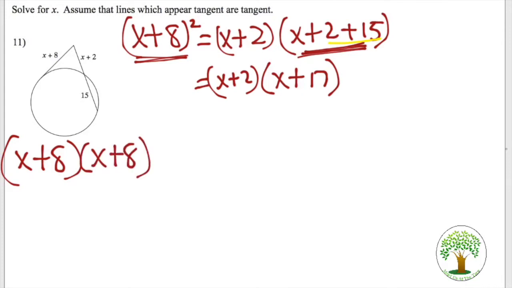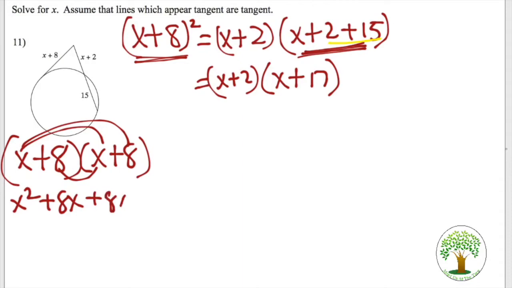Some of you know a shortcut. Whenever you have a squared, you can do a shortcut. But if you don't remember the shortcut, that's okay. You can just do the distributive property 2 times. When that happens, you're going to have an x squared. You're going to have an 8x. You'll have another 8x. That's the trick. That'll always be a doubled here in the middle. Same thing twice in there.